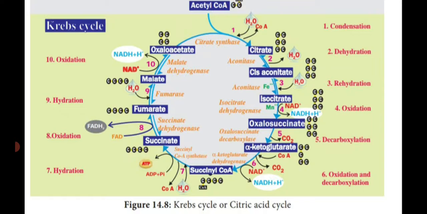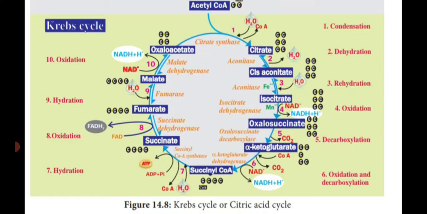So the next one: succinate, a 4-carbon compound, is converted into fumarate, also a 4-carbon compound, by the enzyme succinate dehydrogenase. An oxidation process takes place; that is, FAD gets reduced into FADH2. This one we have also seen in the paragraph.